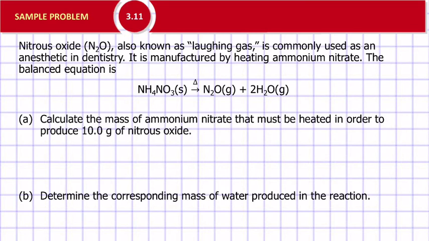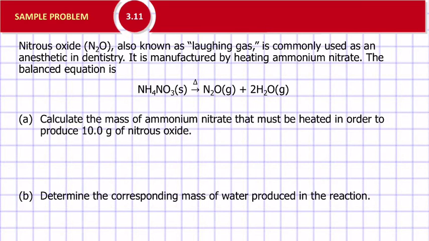Calculate the mass of ammonium nitrate that must be heated in order to produce 10.0 grams of nitrous oxide. So we read through the problem, and we're looking for the question or the request, and we're looking for amounts that are given. So the question or request is calculate the mass of ammonium nitrate.